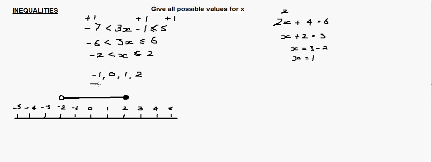So those would be my final possible values for x. Okay, minus 1, 0, 1 and 2.